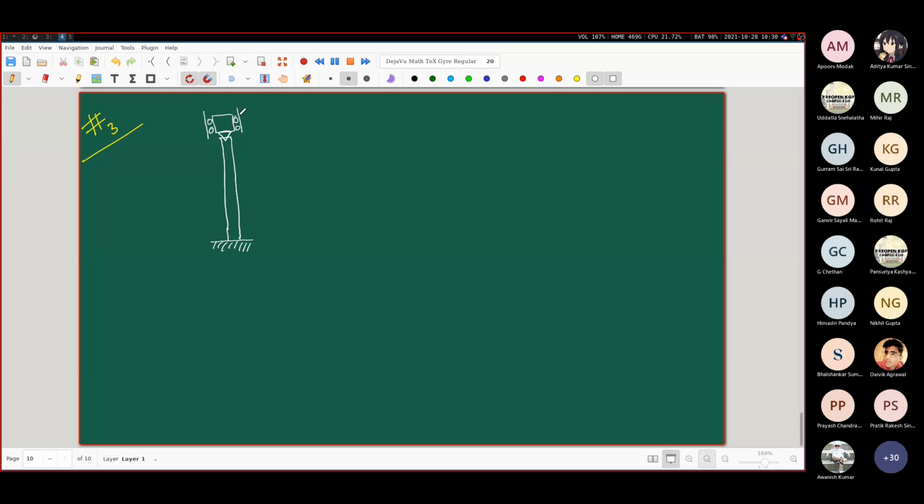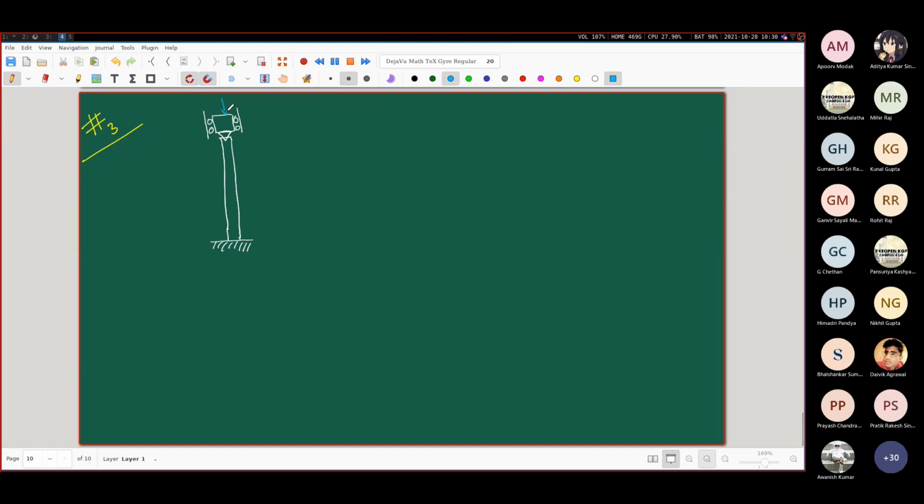We are using this kind of guided support only to ensure that this doesn't move here and there horizontally. It only moves vertically, but as far as the rotation of this end of the column is concerned, there is no resistance to its rotation, meaning that the moment at this end is going to be 0.